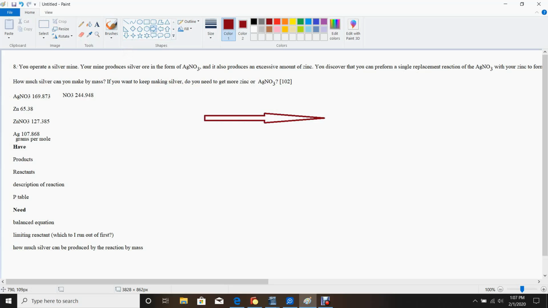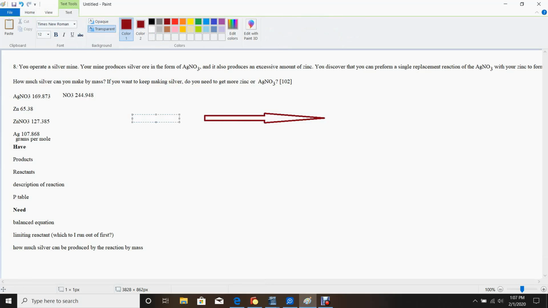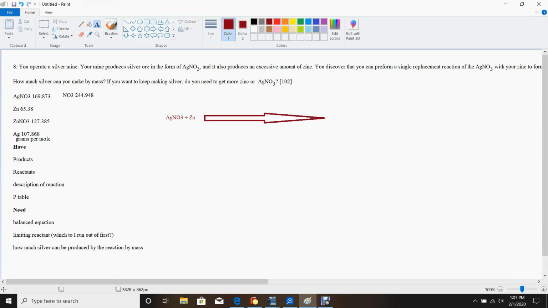So on one side of our equation, we have AgNO3 plus zinc. And on the other side of our equation, we have, so it's a single replacement reaction.